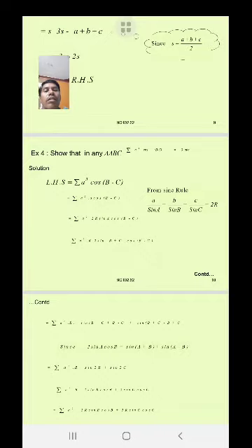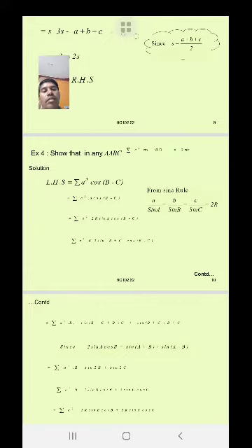So here the solution is, take LHS. LHS is sigma of a cube into cos of b minus c, that equals sigma of a cube, which can be written as a square into a cos of b minus c, that equals sigma into a square into a, which can be written as 2r sine a from the sine rule.